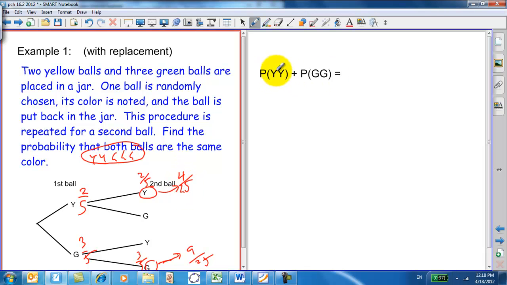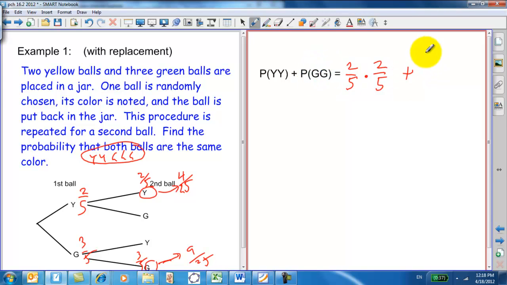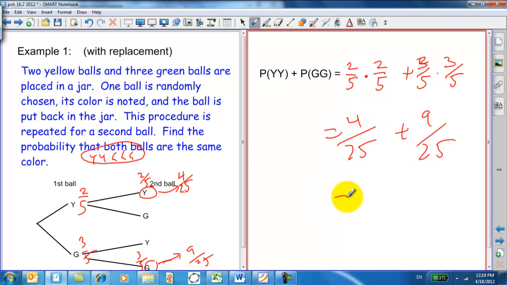So the probability of yellow then yellow is 2/5, the first ball is yellow, times 2/5, the second ball is yellow. The probability of green then green, 3/5, first ball is green, times 3/5, the second ball is green. So you get 4/25 plus 9/25 is 13/25.